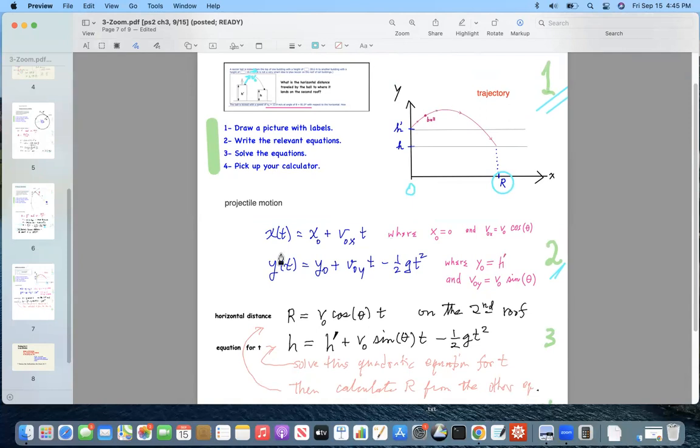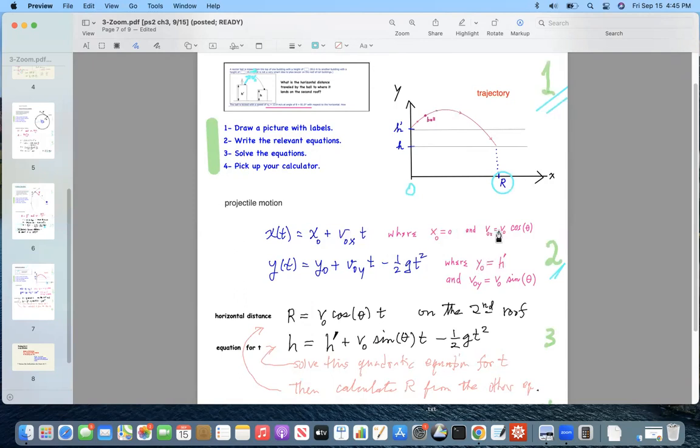And the other one will be the vertical coordinate, which is y0 plus v0y t plus 1/2 ay t squared. Well, ay is minus g. Y0 is h prime. So y0 is h prime, x0 is 0.